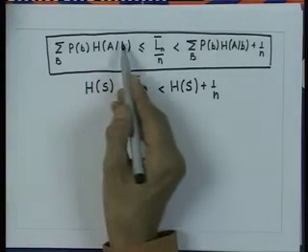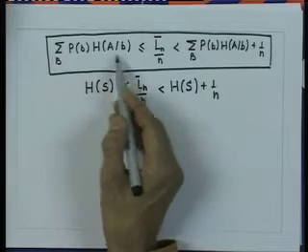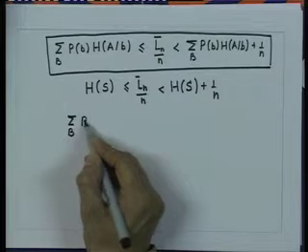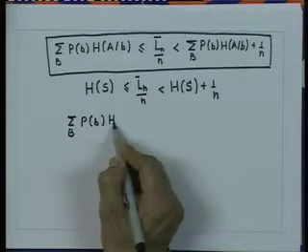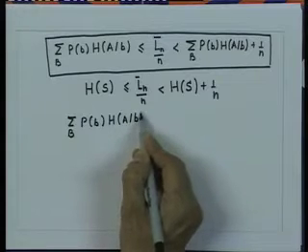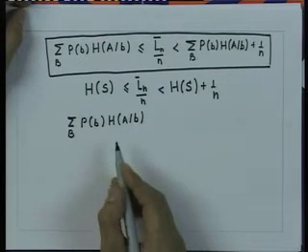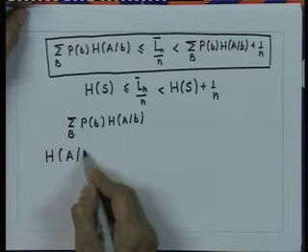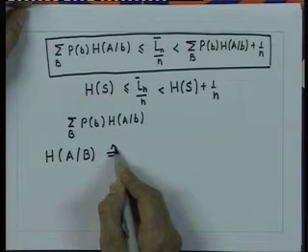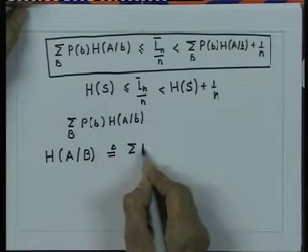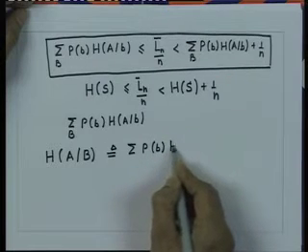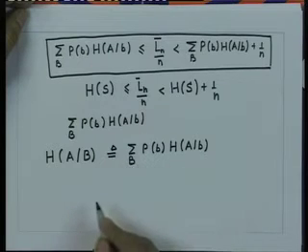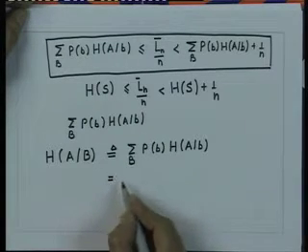So, now let us look into this expression given by summation over alphabet B of probability B times H(A given B). Now, we will define H(A|B) as the average over output alphabet B of probability B times H(A given B), which we can simplify.